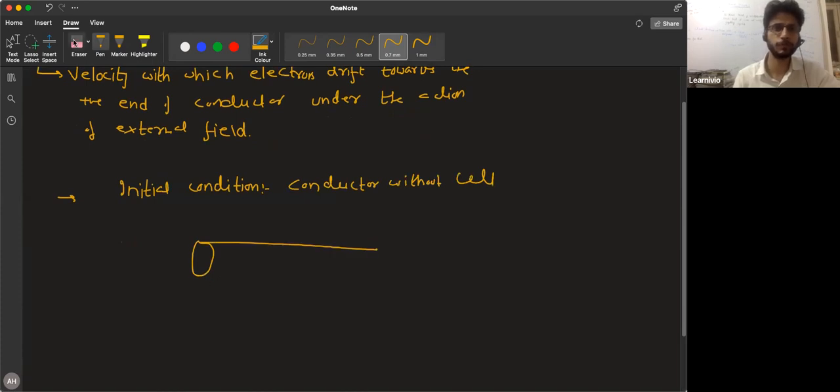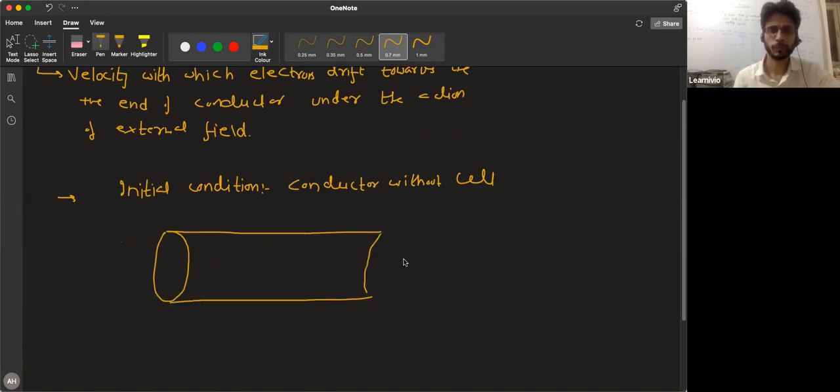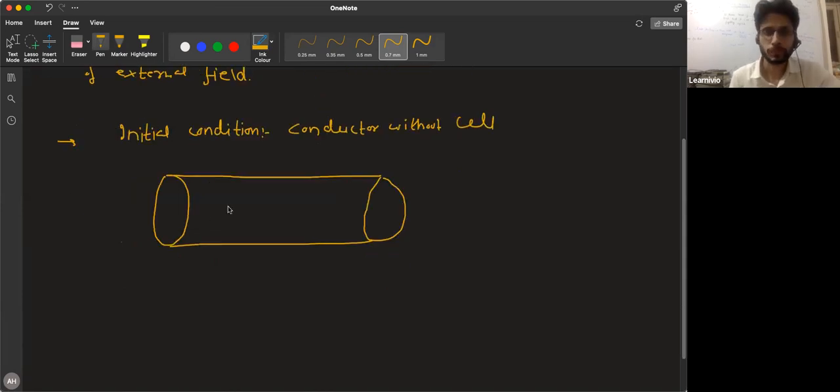A conductor has ions. If I take a copper wire, then it will have copper ions. Ions are immobile; they can't move from one end of the conductor to the other. And then we have free electrons. The electrons can move freely from one end of the conductor to the other.